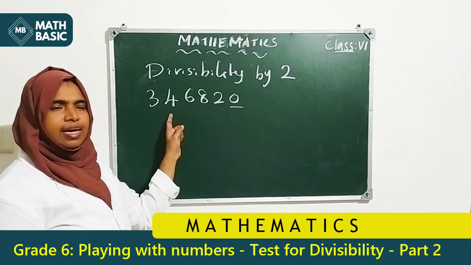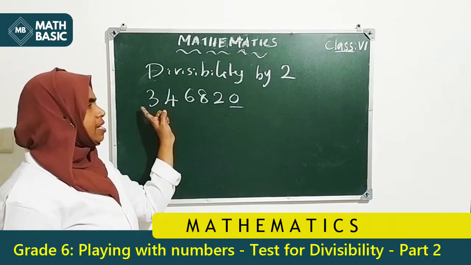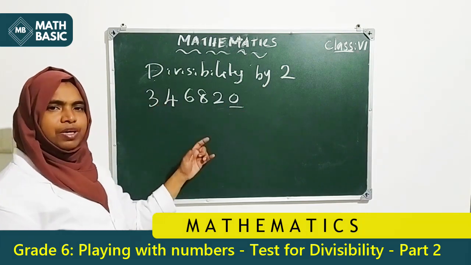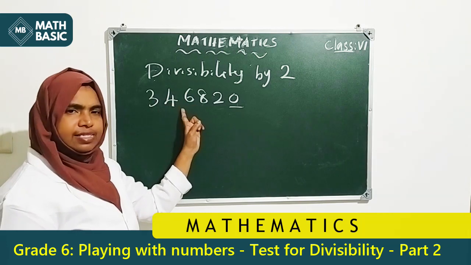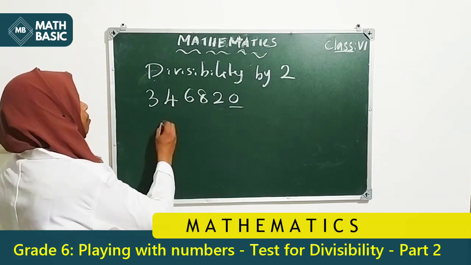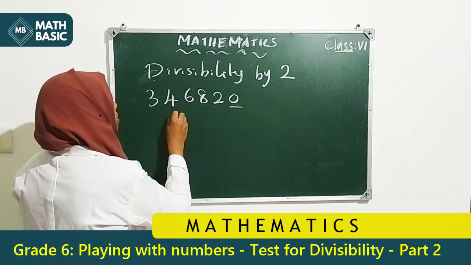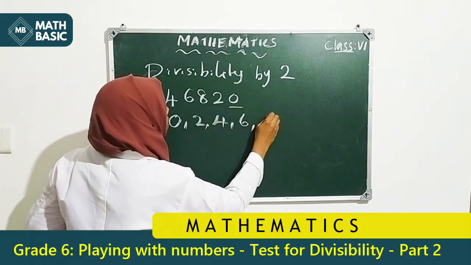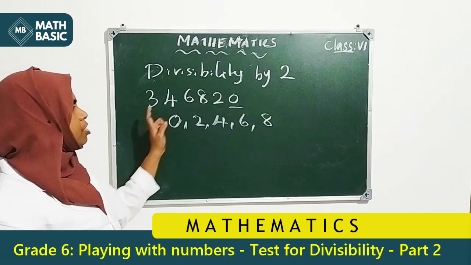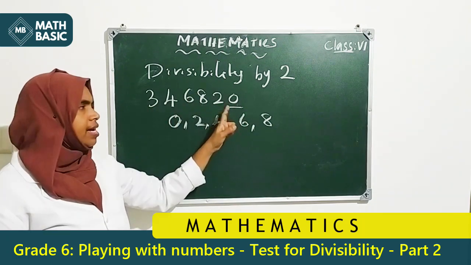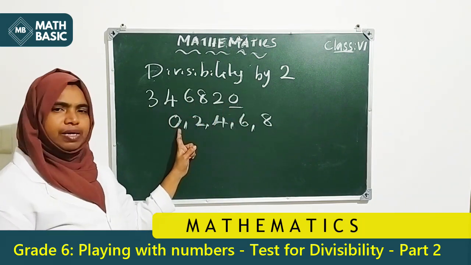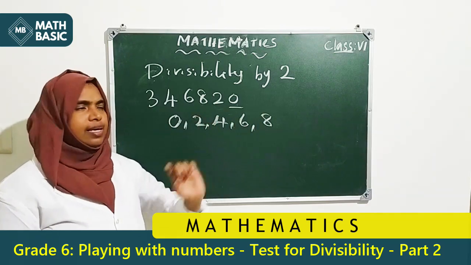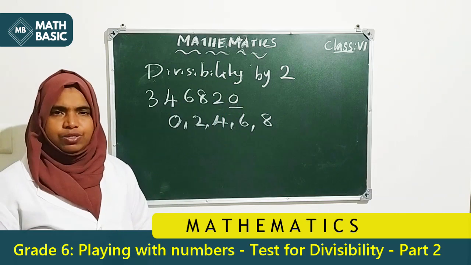So we can say that this number is divisible by 2. If any number's ones place number is 0, 2, 4, 6 or 8, it is divisible by 2.